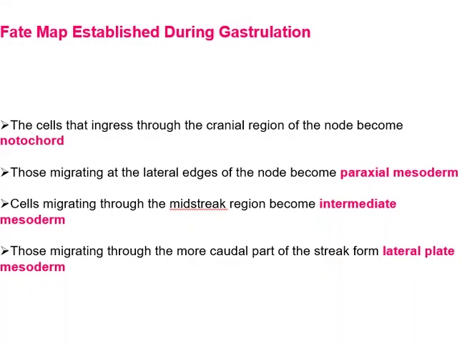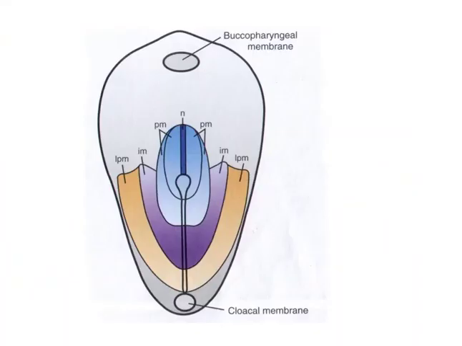This figure shows the parts of the mesoderm. Here we have the notochord. Just lateral to the notochord we have paraxial mesoderm. And lateral to and caudal to the paraxial mesoderm we have intermediate mesoderm.